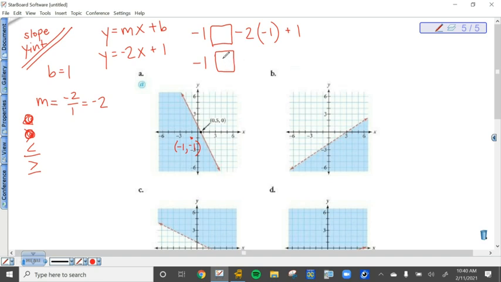Negative 1, something, negative 2 times negative 1 plus 1. Negative 2 times negative 1 is 2, plus 1. Is negative 1 greater than or less than 2 plus 1? Less than. So this is going to be less than or equal to. So my final inequality would be y is less than or equal to negative 2x plus 1.